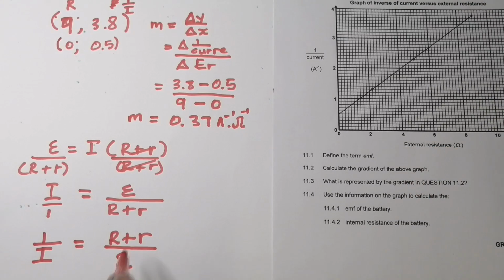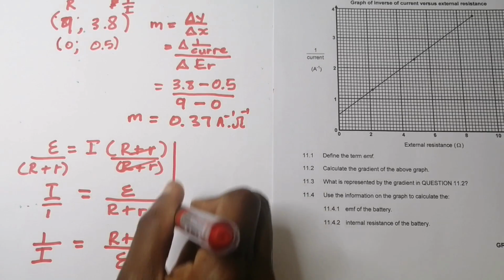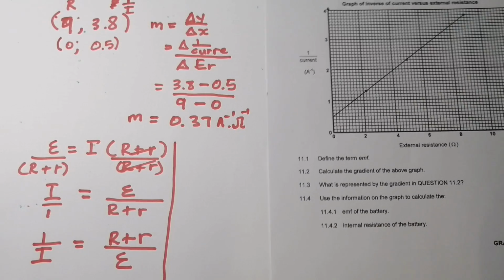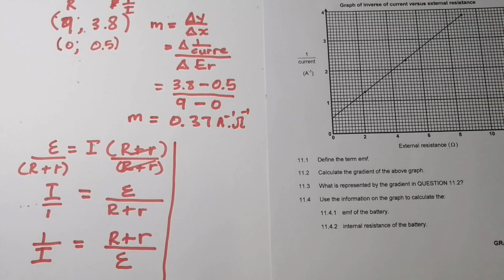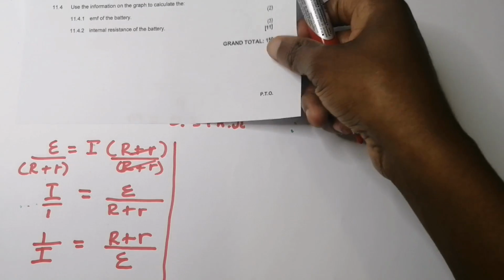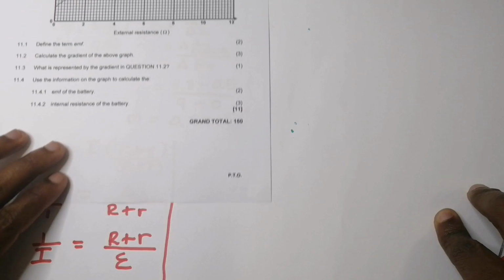Right, I'm just going to continue over the other side. Now what happens? Remember, if I just write this in another way, okay, well, not exactly in another way, just expressing it such that we've got internal resistance as a subject there, okay? I'm just going to continue over the other side.